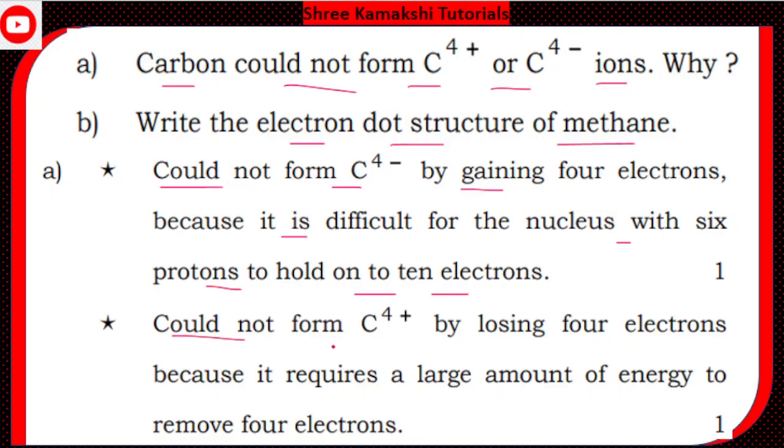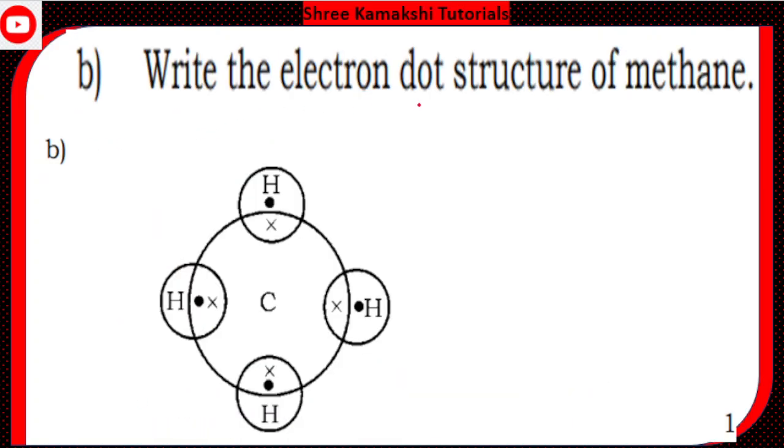It cannot form the C4+ ion by losing 4 electrons because it requires a large amount of energy to remove 4 electrons. This is the electron dot structure of methane.